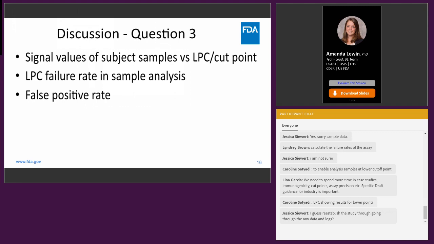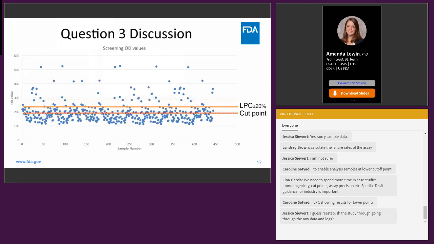So in the next few slides, I'm going to show you some graphs. I don't want to ruin the surprise quite yet, but they're going to show you some examples of what we might see. So here's the first example. Here we have subject samples on the x-axis, just by sample number, and then you have your raw response on the y-axis. Now, I apologize, it's OD, not ECL.